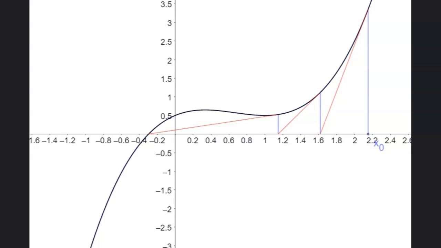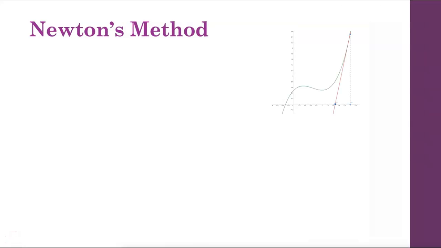So now let's see how the actual operations here will work. If we go back and look at our function and start with any value x sub 1 and draw a tangent line at x sub 1, f of x sub 1, and then try to find the x-intercept for that tangent line.